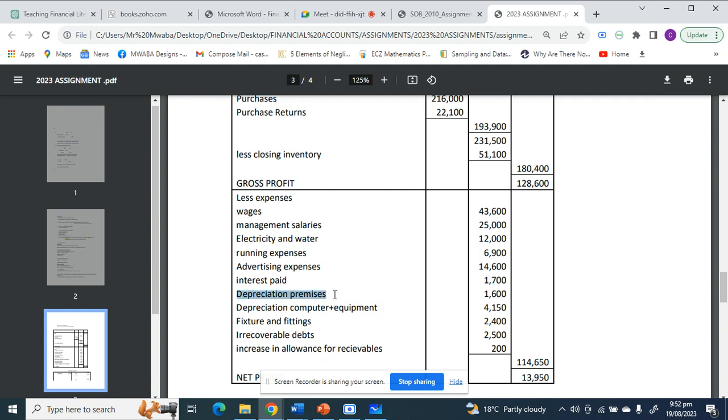Depreciation on premises, computer and equipment, fixture and fittings. We calculated these amounts.